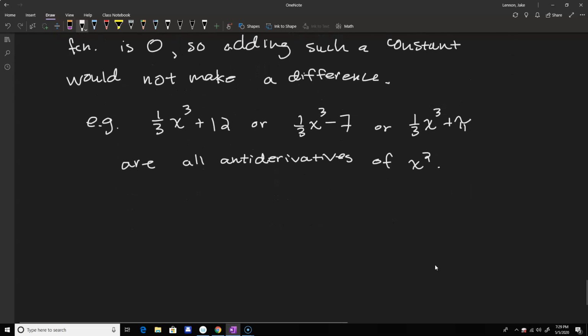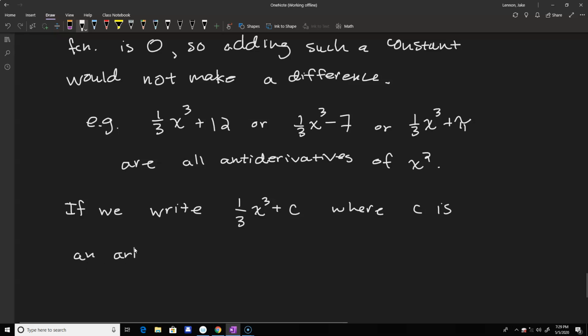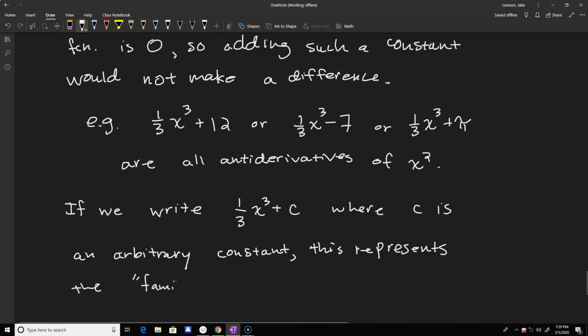So if we write one-third x cubed plus c, where c is an arbitrary constant, this represents the quote-unquote family of antiderivatives of f of x equals x squared.